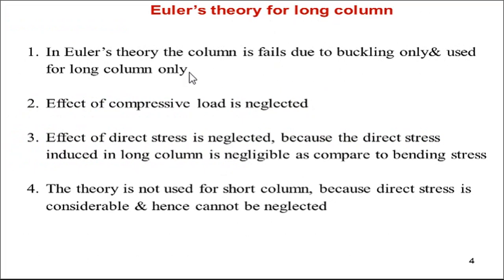That's why it is used for long columns only. Whenever the column fails only by buckling, it can be analyzed using Euler's theory. So Euler's theory is basically for buckling load or buckling stresses only.